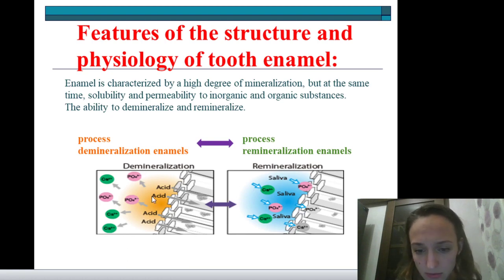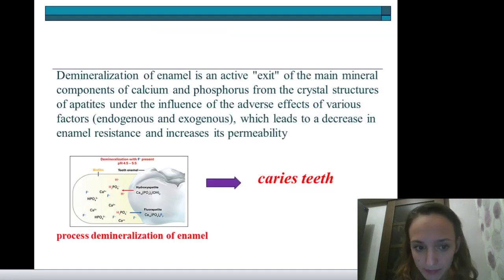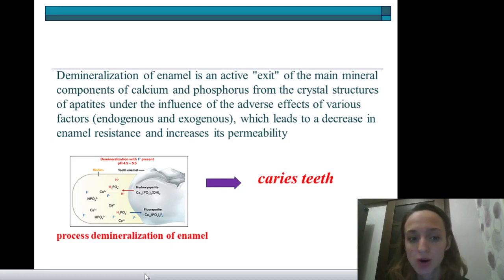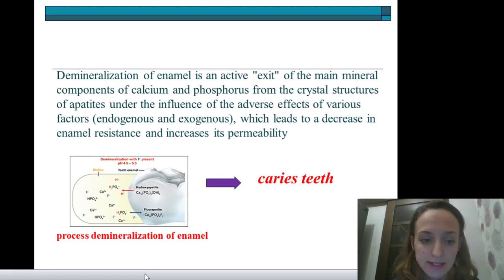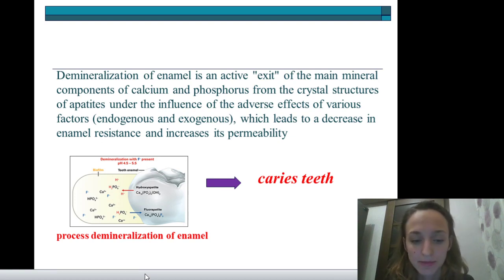So it is acid. Demineralization of enamel is an active exit of the main mineral components, calcium and phosphorus, from the crystal structure of apatites under the influence of adverse effects of various factors. These factors can be endogenous and exogenous, which leads to a decrease in enamel resistance and increases its permeability.